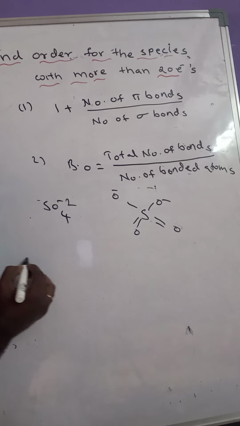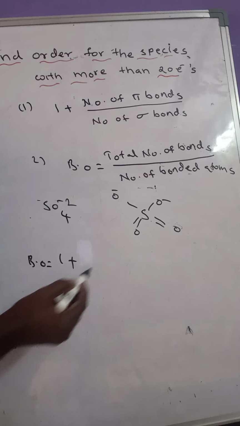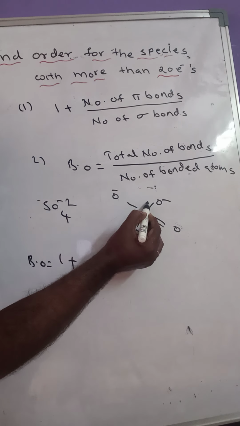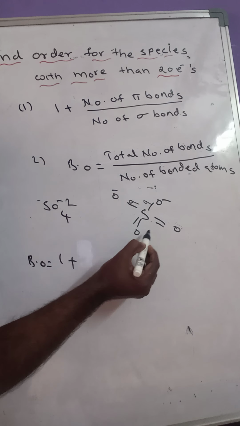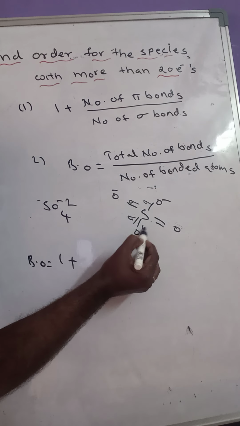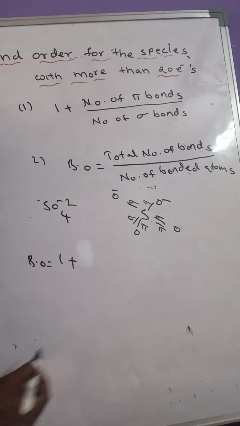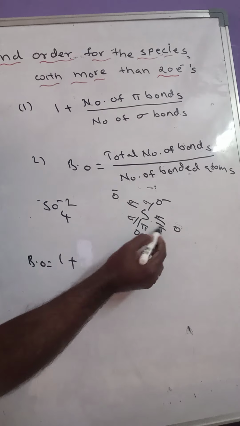According to our first formula, bond order equals 1 plus the number of pi bonds. This is a sigma bond, this is also a sigma bond. But here 2 bonds are there, one sigma and another pi. Here also one is sigma and another is pi. Now 2 pi bonds are there.